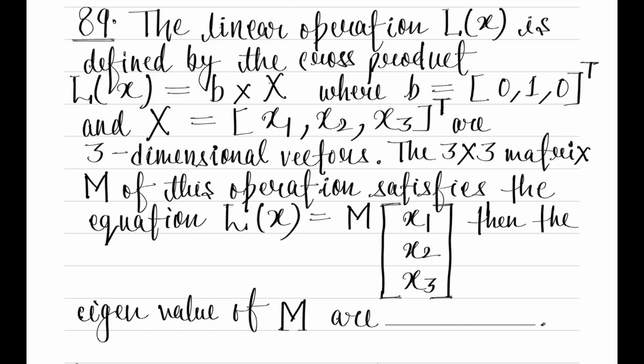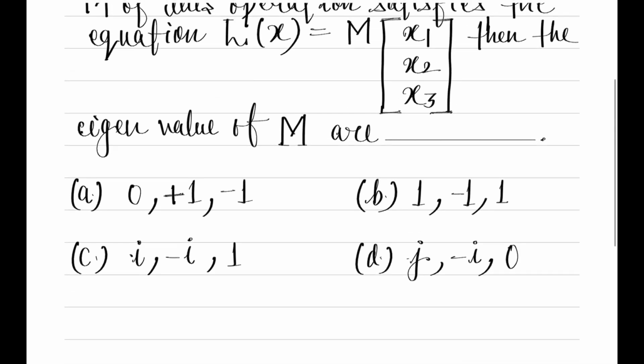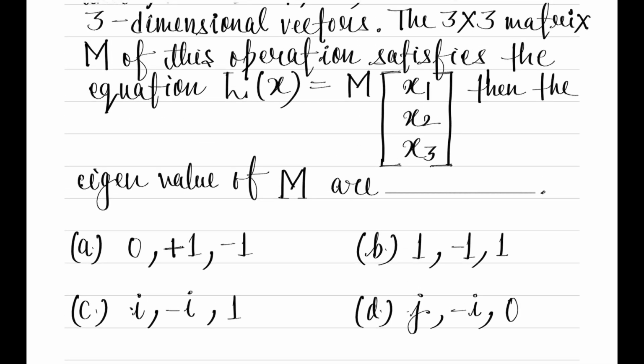The 3 cross 3 matrix M of this operation satisfies the equation Lx equals M into the column vector x1 x2 x3. Then the eigenvalues of M are, we have four options. Option A 0, plus 1, minus 1; option B 1, minus 1, 1; option C i, minus i, 1; option D 0, i, minus i.